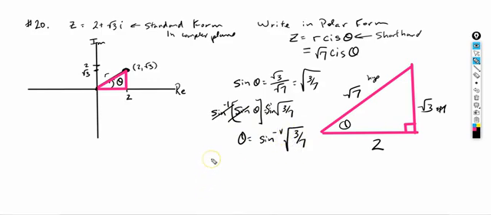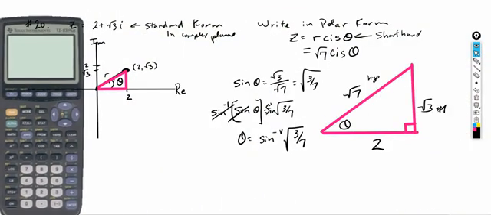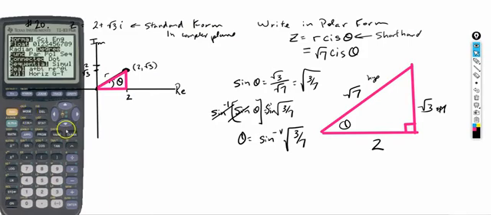Okay, so I'm going to do that now. I'm going to come here to mode, and make sure you're in degree mode. Okay, and I'm going to want second sine and square root of 3/7.